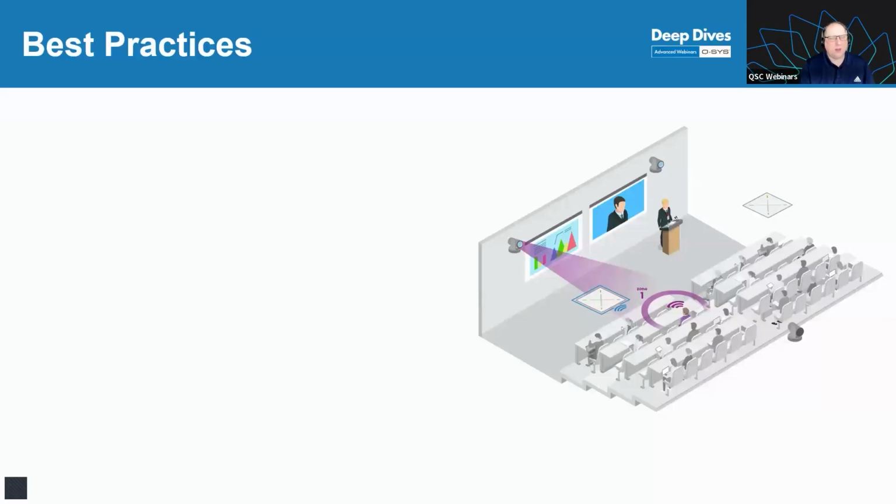So we talked a little bit about best practices. Let's really talk about best practices. The number one issue that I address on a weekly, multiple times weekly basis with ACPR installs is gain structure.